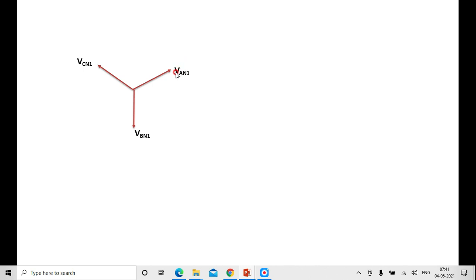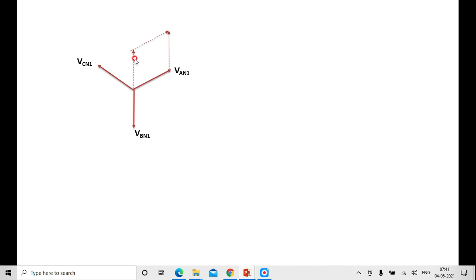Therefore, to VAN1 I have to add minus VBN1, so that VBN1 is produced in the reverse direction. Therefore, you can see here, this is minus VBN1 plus VAN1.